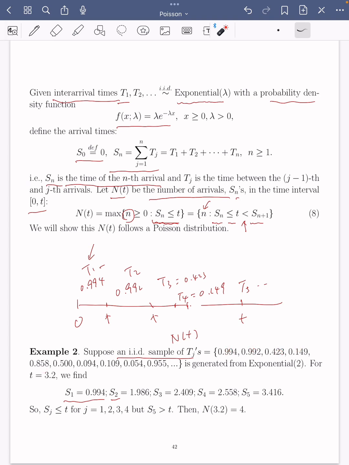Now we are focusing on the value of t equal to 3.2. So we find that S1, S2, S3, and S4 are all less than or equal to 3.2, but S5 is larger than 3.2. So this means that N_t, which is N of 3.2, is equal to 4.